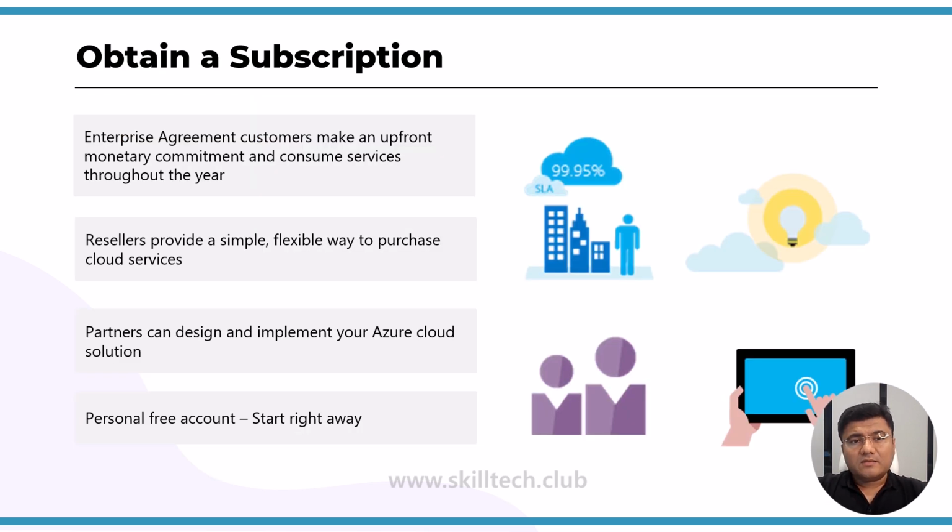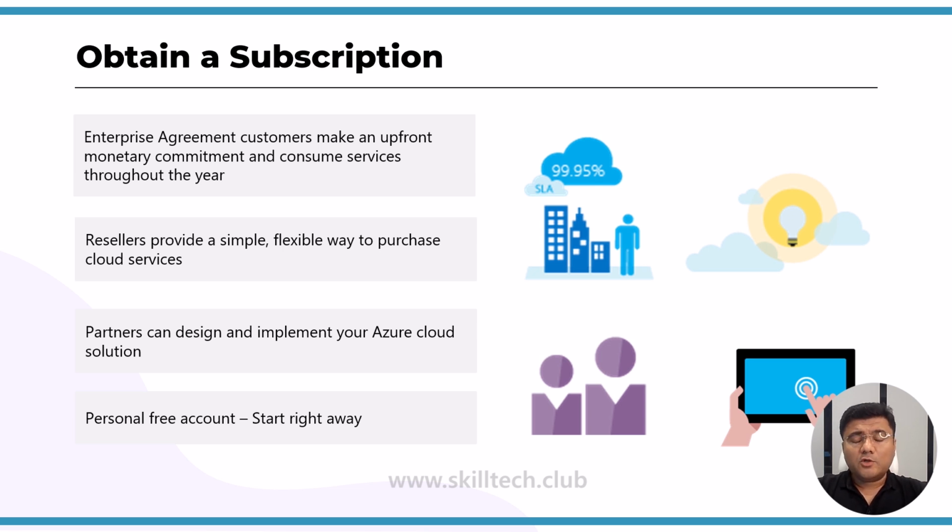How can we obtain a subscription? This is actually a very simple process. If you're going with the free subscription, you can just start a free subscription by going to azure.microsoft.com, and then you can register by providing your basic identity details. If you are taking a subscription for partners or from a reseller, then according to that, you have to configure your cloud services and other configurations of the subscription with them.